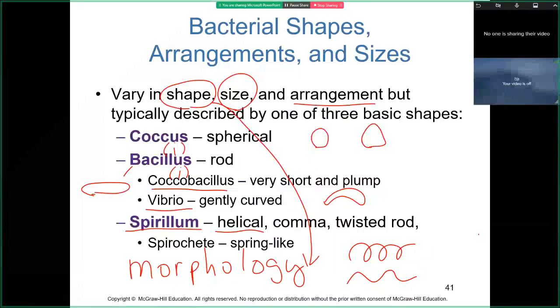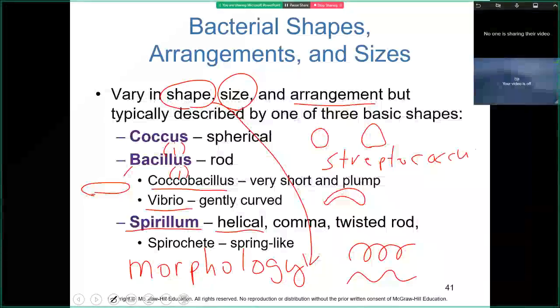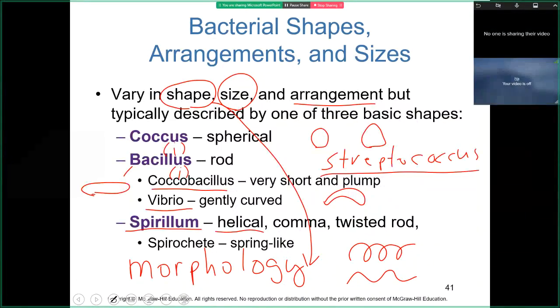So, for example, we have the genus Streptococcus. Right. So the root coccus is in there. By the way, since this is a group of related organisms, and that is a name that we apply to that group, it's a genus, I'm going to underline that word.